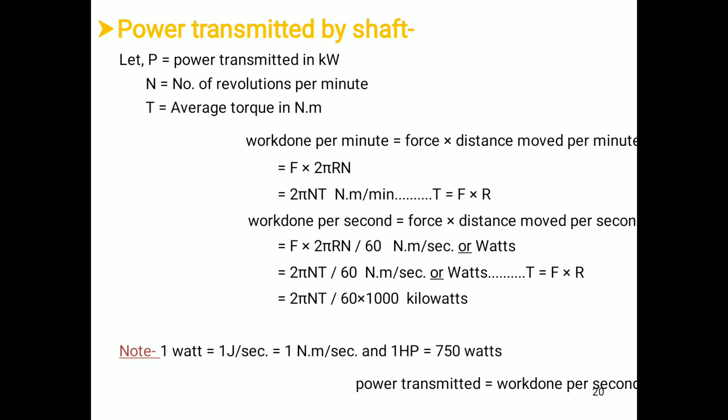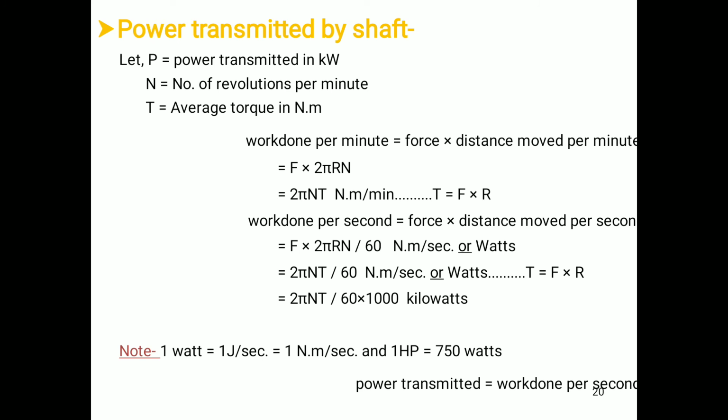Now we will move to the last concept of torsion, that is power transmitted by the shaft, because the function of the shaft is to transmit the power from one part of a machine to another part of the machine. Therefore that is a very important concept.